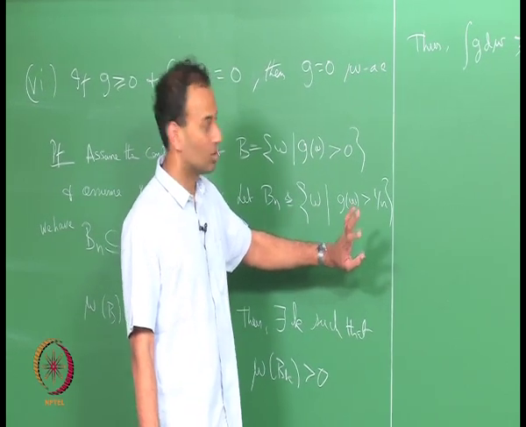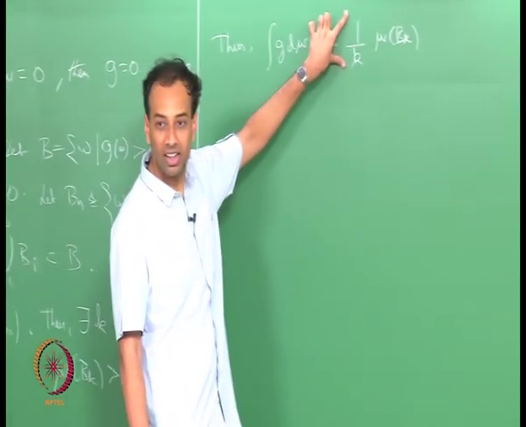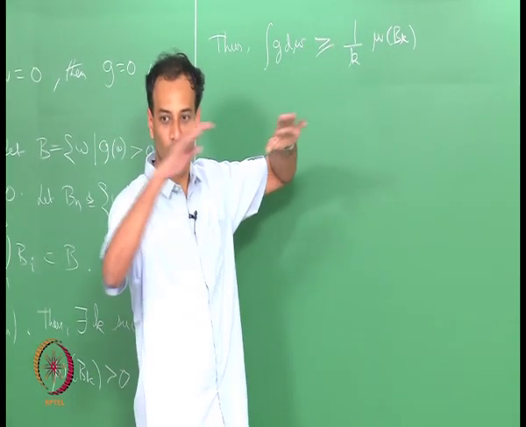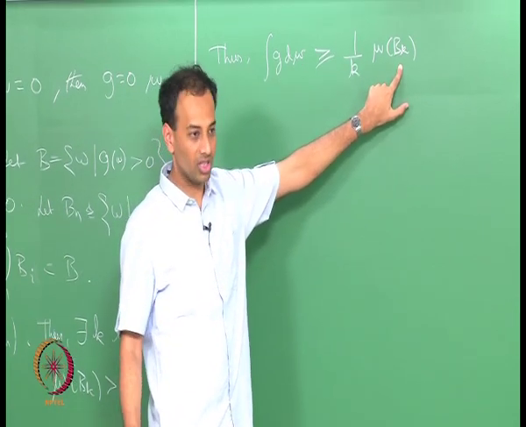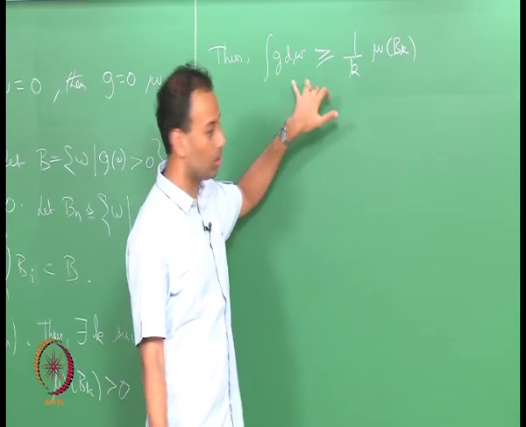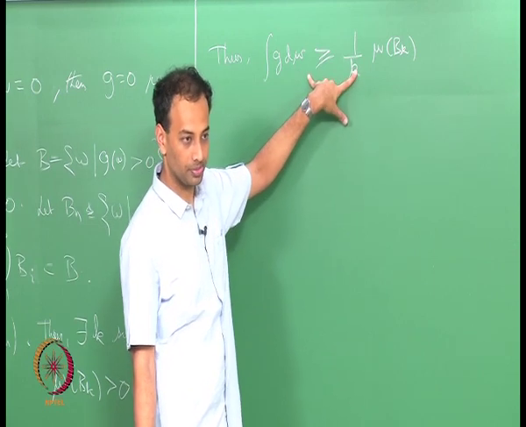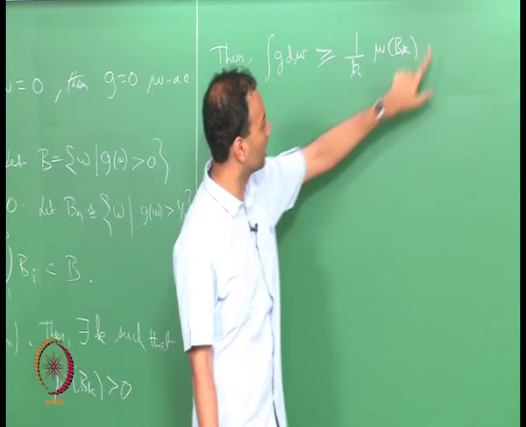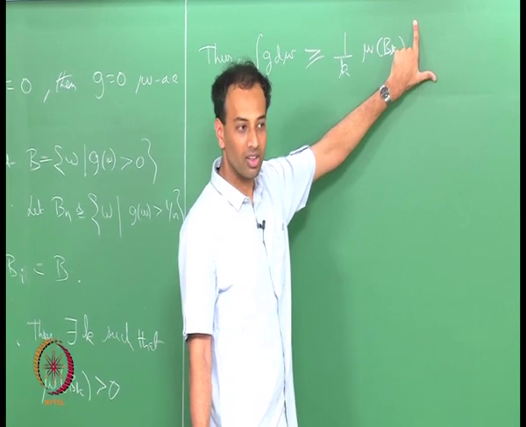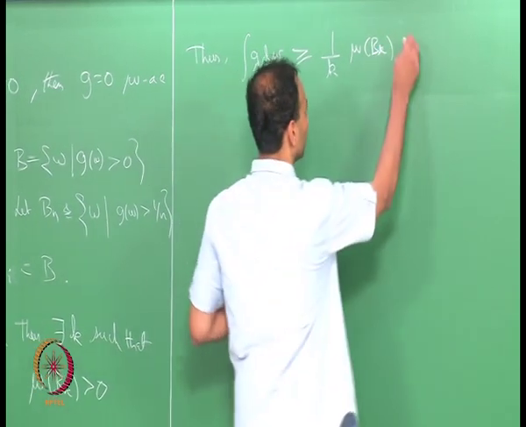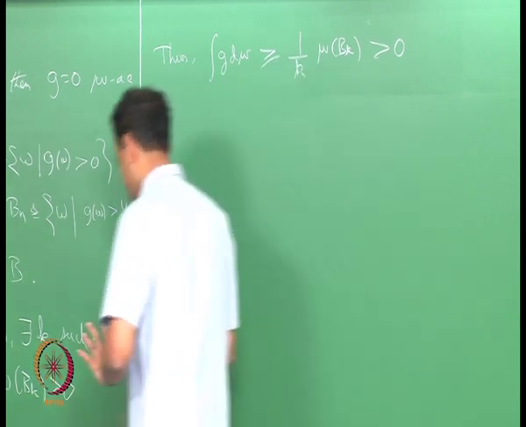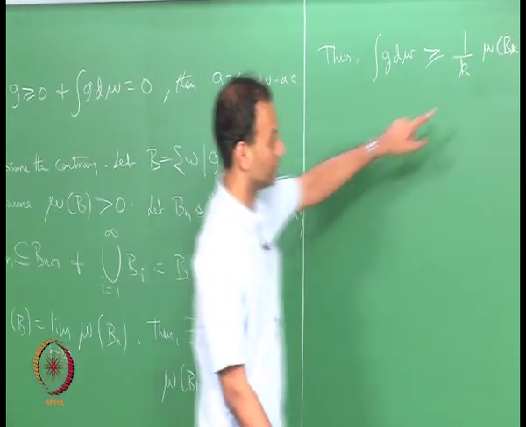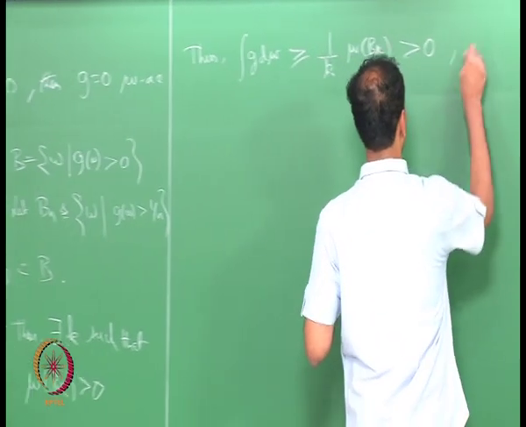So, the function which is constant at 1 by k over the set B k is a simple function which is a lower bound on g. So, this must hold. Now, what do you know about that? This is bigger than 0, right. So, you take that k, and this is a contradiction.